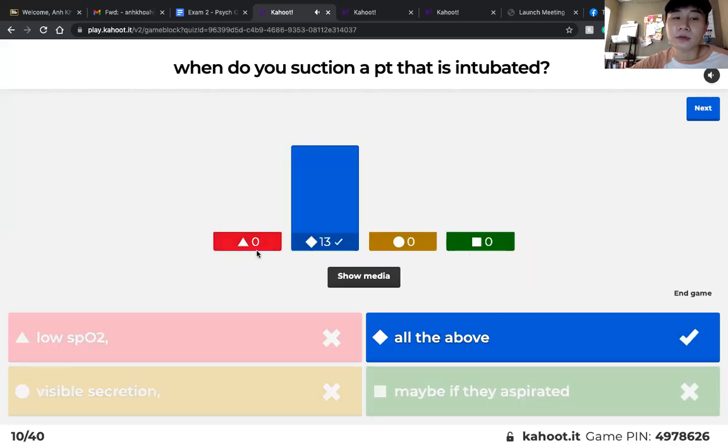All right, so whenever the patient is intubated and shows signs of decreased SpO2, which is the pulse ox, or they have visible secretions that we can see, or they are being aspirated, we can go ahead and do suctioning for them.